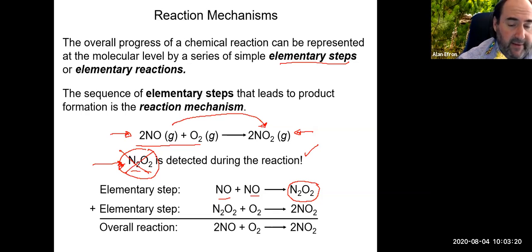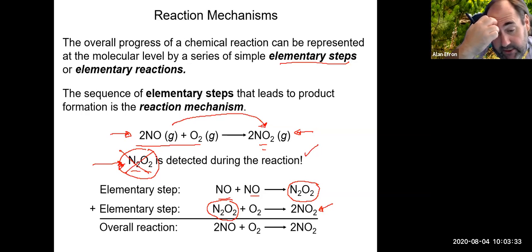And then in a second step in this mechanism, that N2O2 gets completely used up to make the NO2 gas, which is really the product that wants to be made here in this reaction. So we could add together these elementary steps and cross out whatever is the same on opposite sides of the arrow. So in this case, the N2O2 will get crossed out.